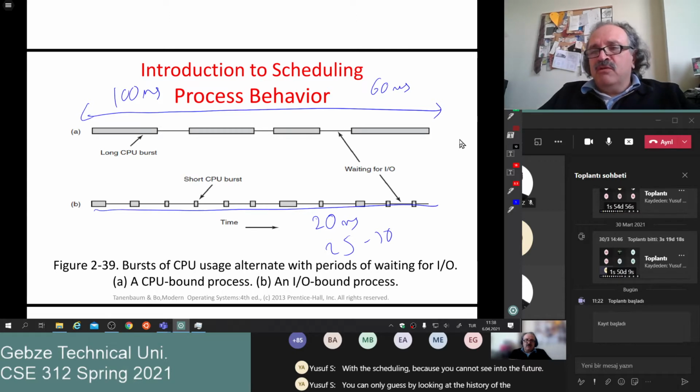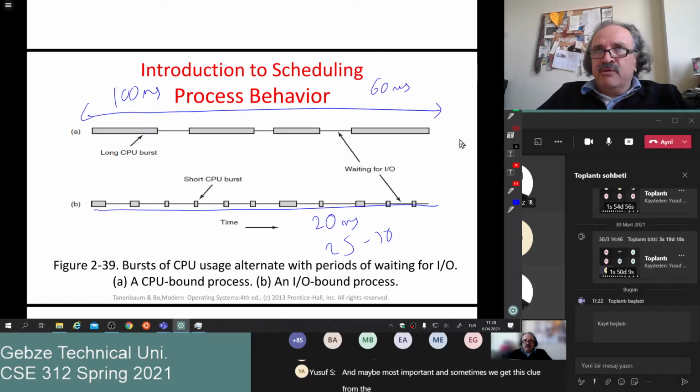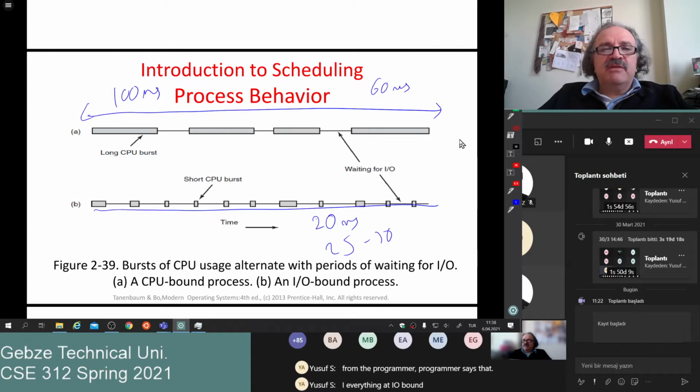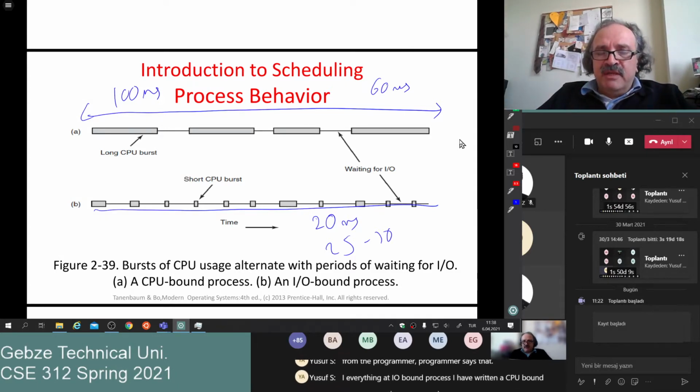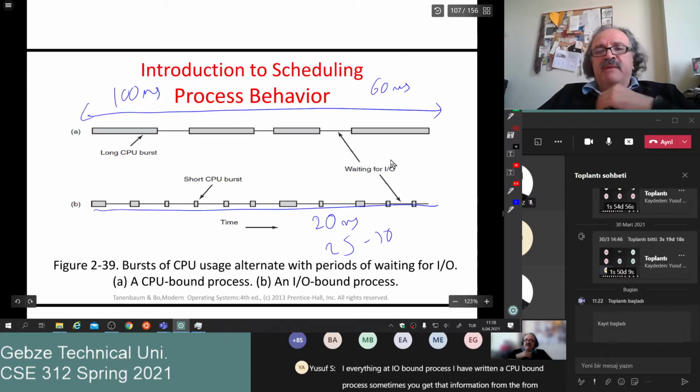We are going to have a few ways of looking at what the process did before. And maybe most importantly, sometimes we get this clue from the programmer. The programmer says, I have written an IO bound process, or I have written a CPU bound process. Sometimes we get that information from the programmer, from the application itself.